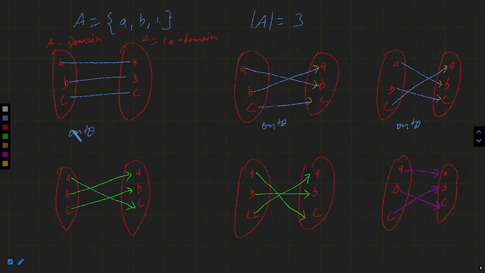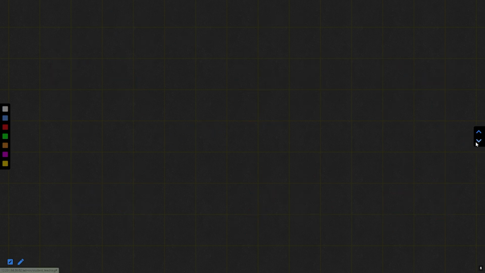Can you find any other than these 6 onto functions? Can you find a 7th? No, you cannot. Why? Because if you try to see, what we are doing is that the elements here and here are the same. We are doing what?